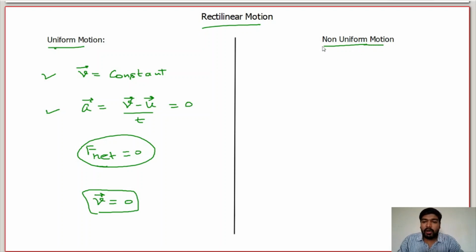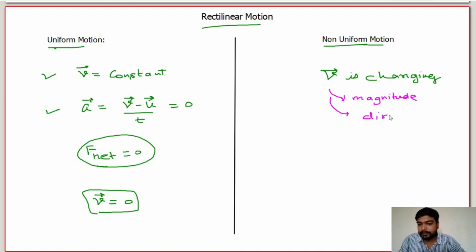See, non-uniform motion, that means velocity is variable or velocity is changing, right? If velocity is changing, that means velocity can be changed in two ways. It can be changed either in magnitude or in direction. Can you suggest me one example in which the velocity has the same magnitude but its direction is changing?